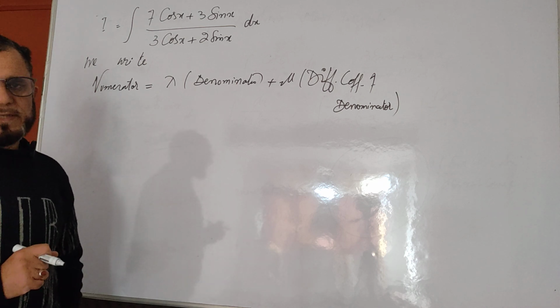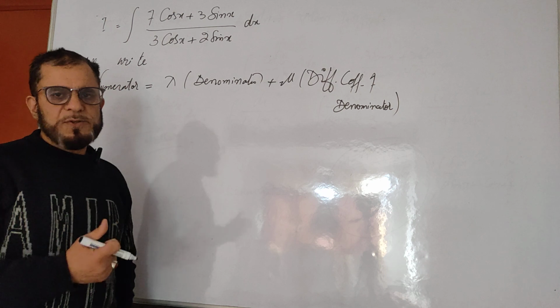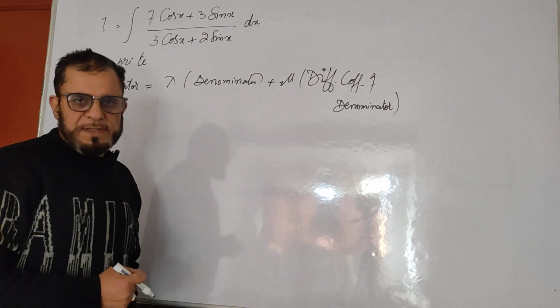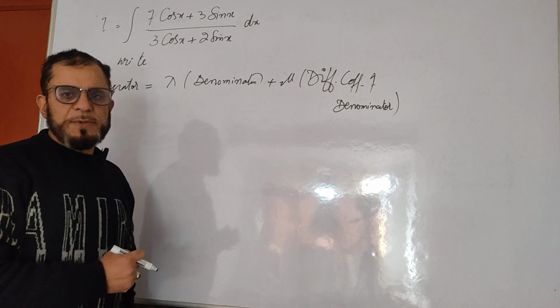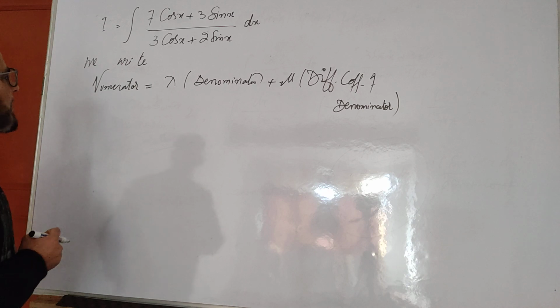You are assuming it, so be cautious. We are assuming our numerator is equal to this. So what is the value of lambda and mu when we write it this way?